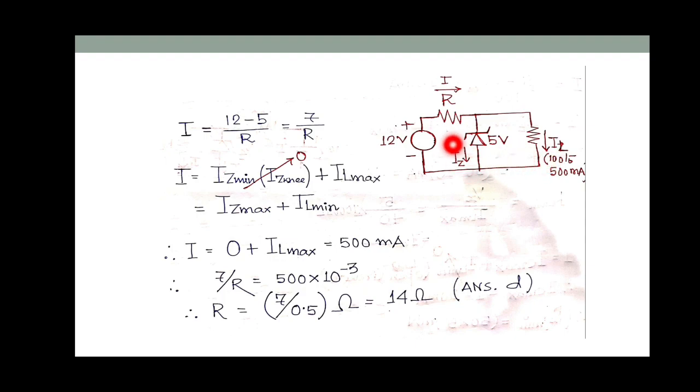So when the value of IZ is minimum, the value of IL will be maximum, and when the value of IZ is maximum, the value of IL will be minimum, since I is constant here.